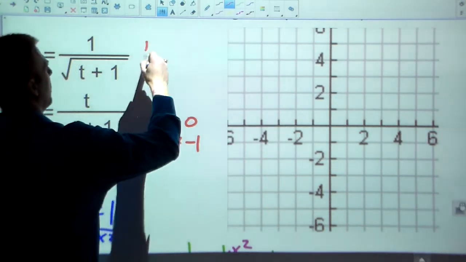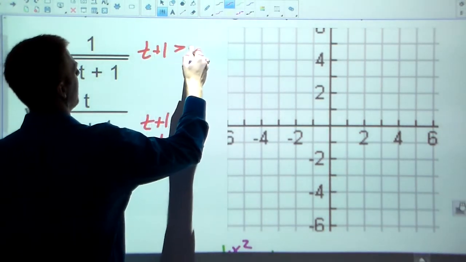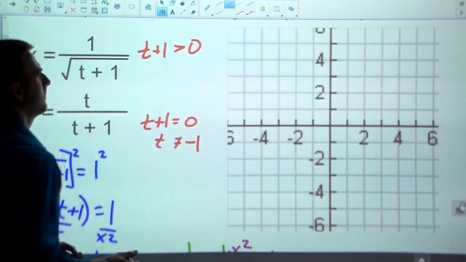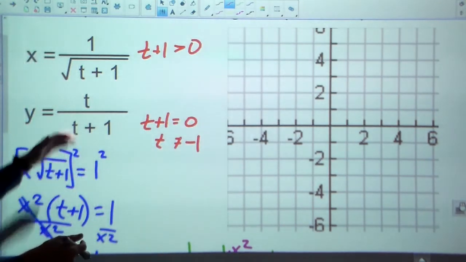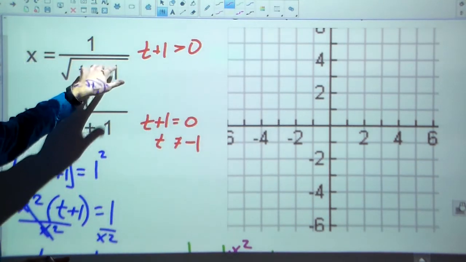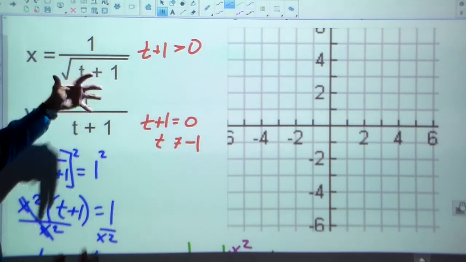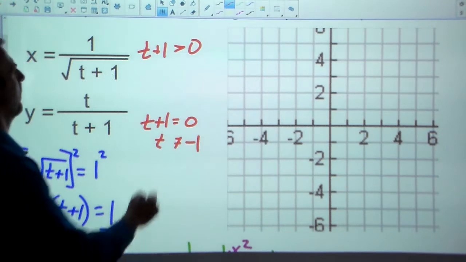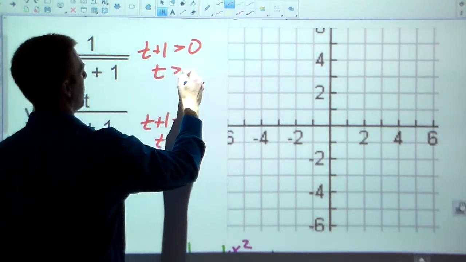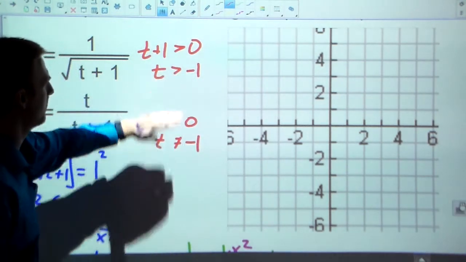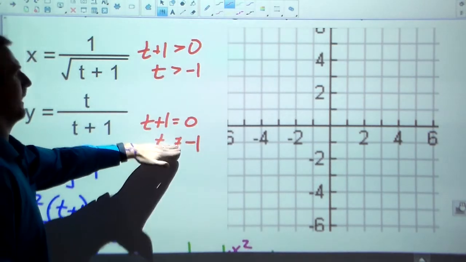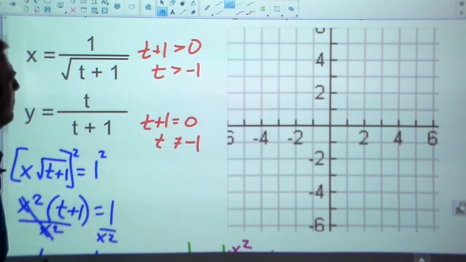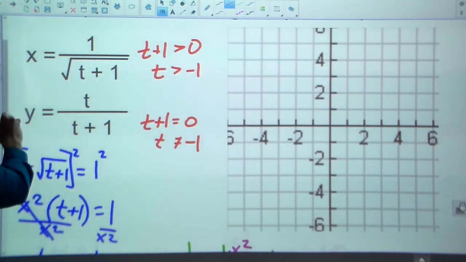So t plus 1 has to be bigger than 0. It's got to be positive so I can take the square root of it. So t is going to be bigger than negative 1. Which fits, these two line up perfectly because it can't equal negative 1, and it must be bigger than negative 1. So that's great. I like seeing that.